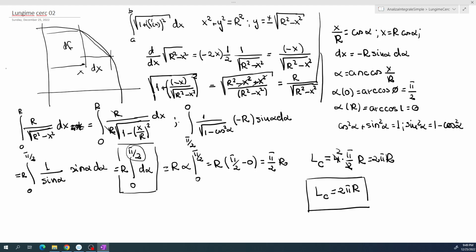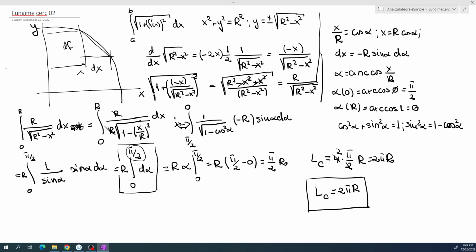The most important thing is that when I calculated the integral using Cartesian coordinates, by using the second method of changing variable, by changing x over r with cosine of alpha, actually what I did was to change the system of coordinates in which my integral is to be calculated, and implicitly to go to a graph of the function that is a little bit simpler to calculate.